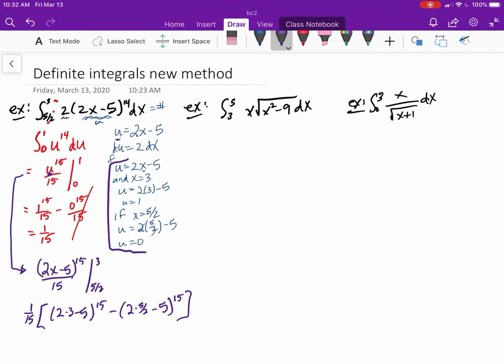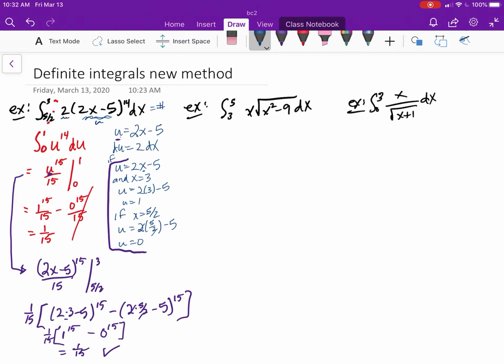So it comes out relatively easy, but you could see, all of this in purple is quite a bit uglier than just going to u. So this is 6 minus 5 is 1 to the 15th. 2's cancel. 5 minus 5 is 0 to the 15th. We have the 1/15th out front. So we just get 1/15th times 1. So you can see the results are in fact the same.